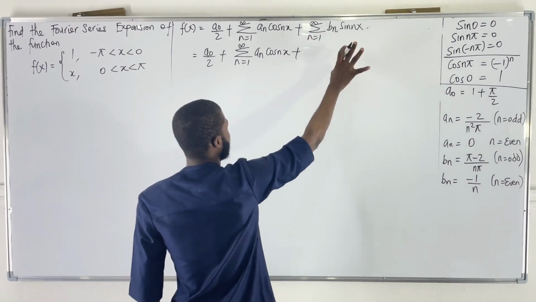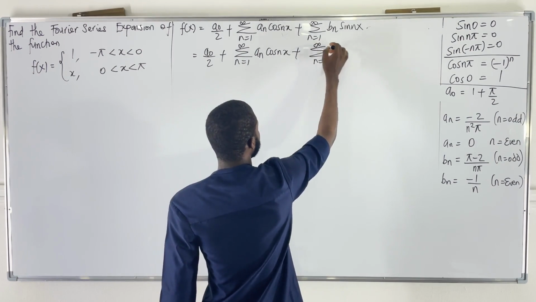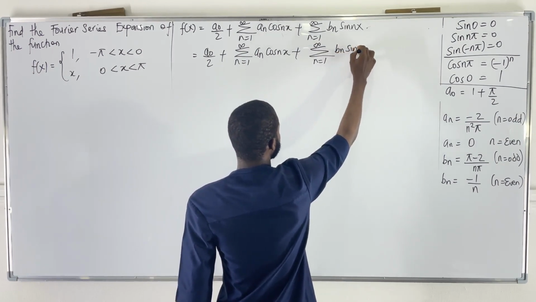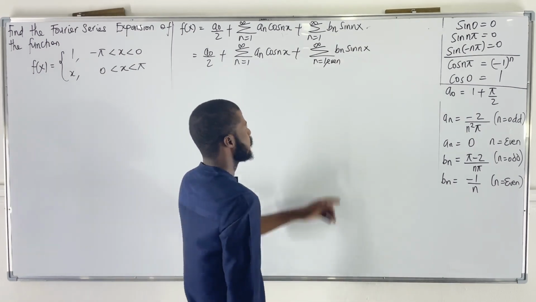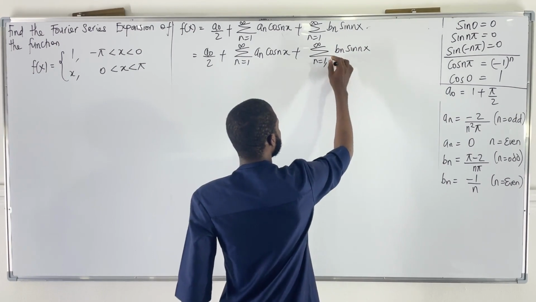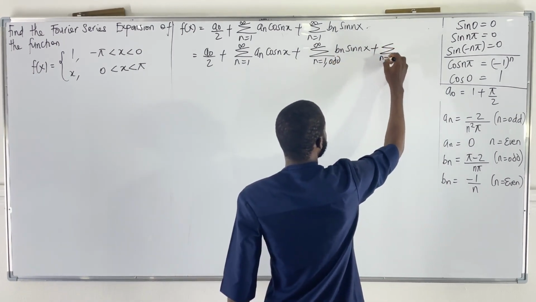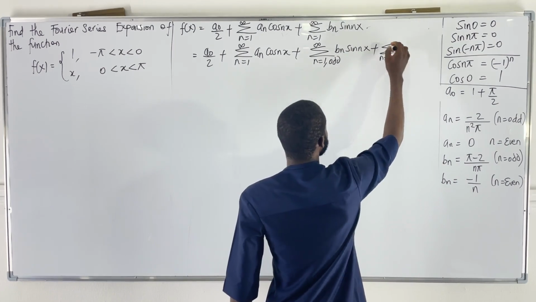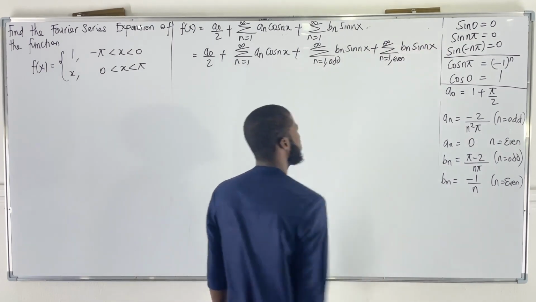But this one, I'm going to write 2 of them. So this is the sum from n equal to 1 to infinity of b sub n sine nx when it's odd, plus the sum from n equal to 1 to infinity of b sub n sine nx, when it's even.